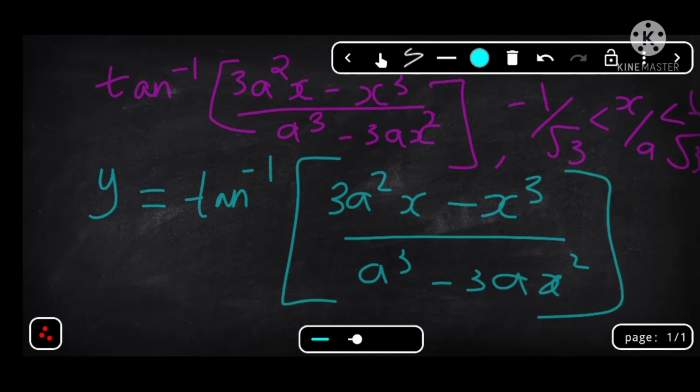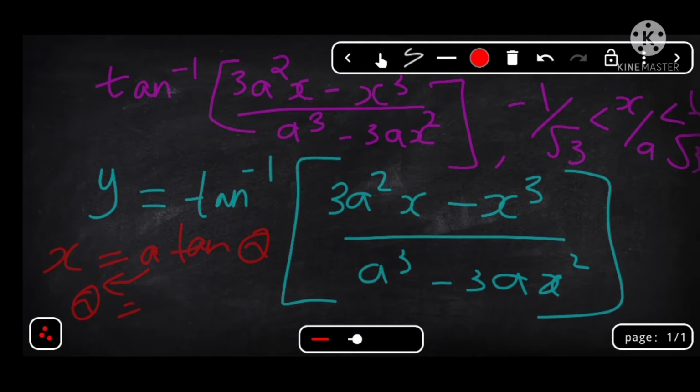Okay, so what I am doing here is we are going to just simplify this whole thing. For that, just see, I am assigning, suppose x is equal to a tan theta. Okay, if so, what will be theta? If I take a here, that is going to be x by a.